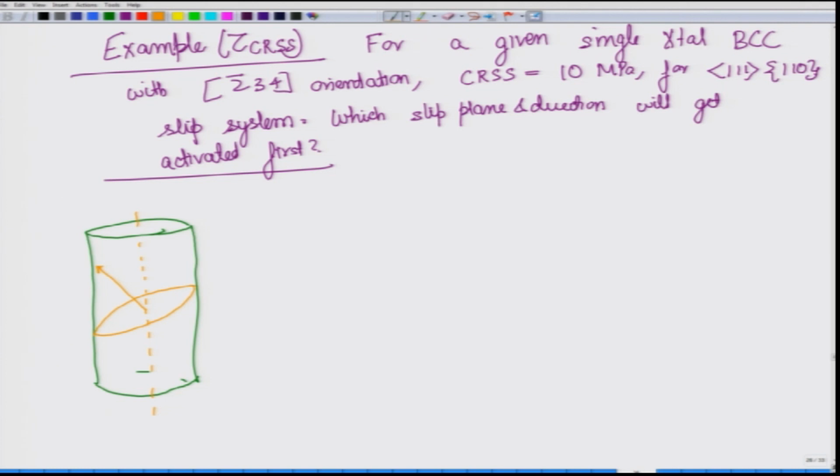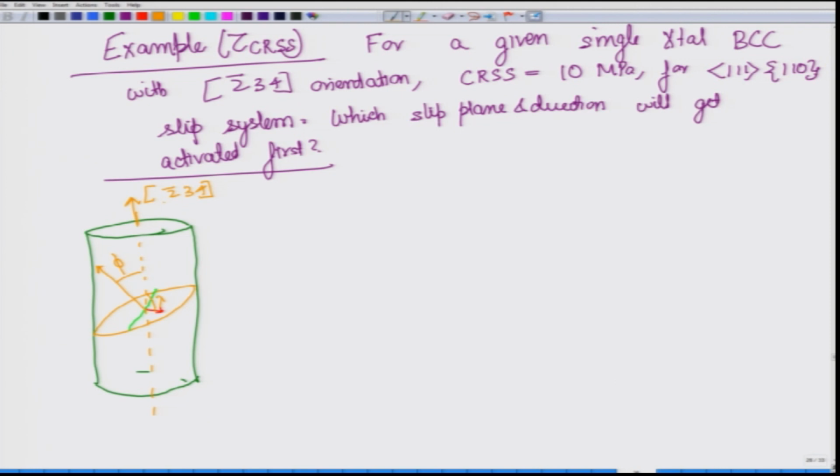With this central axis it is making angle phi, as we said earlier, and there is a dislocation line somewhere over here, and let us say this is the slip direction. For this slip direction there is angle lambda. So, we denote them by phi and lambda, but this is the bar 2, 3, 4 orientation.